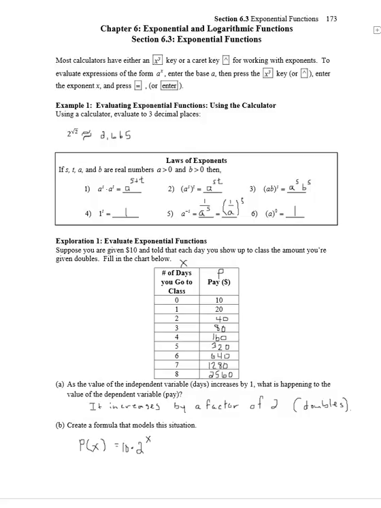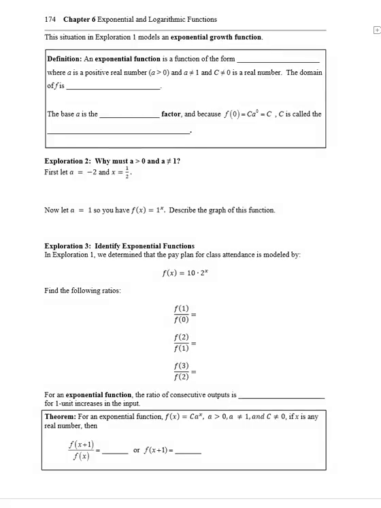Okay, moving on to the next page. An exponential function is a function of the form f of x equals c times a to the x, where a is a positive real number not equal to 1, and c is any real number except for 0.